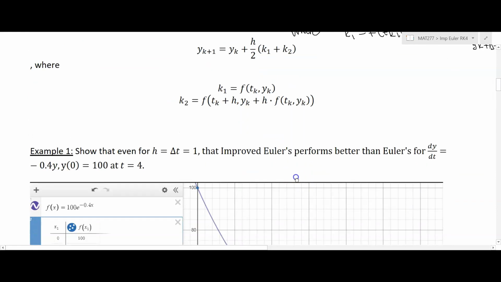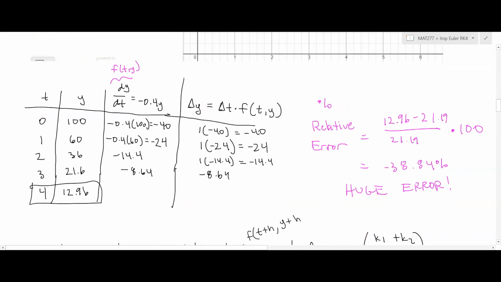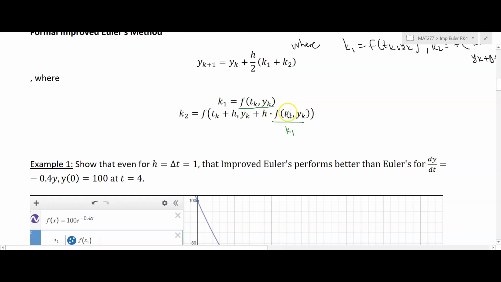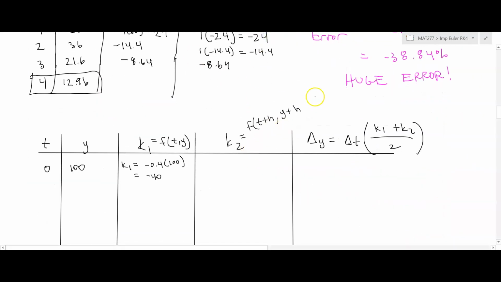So it's just a multiple of that K1. Because these two things are the same, we can just refer to this as K1. Notice that these two are the same things.